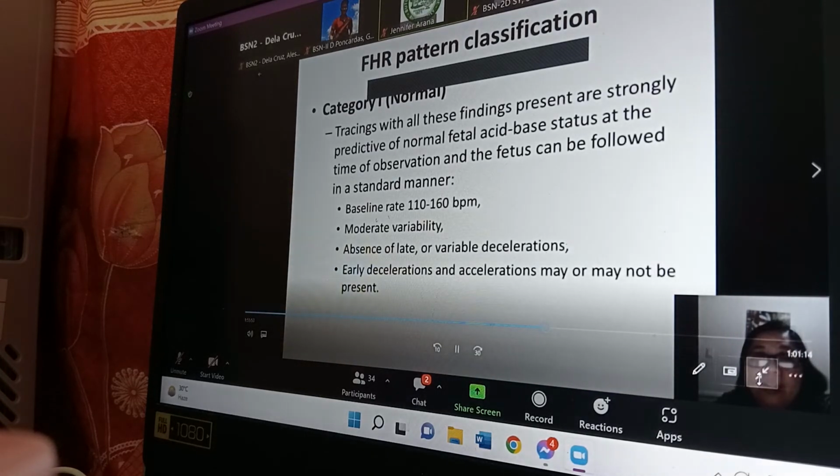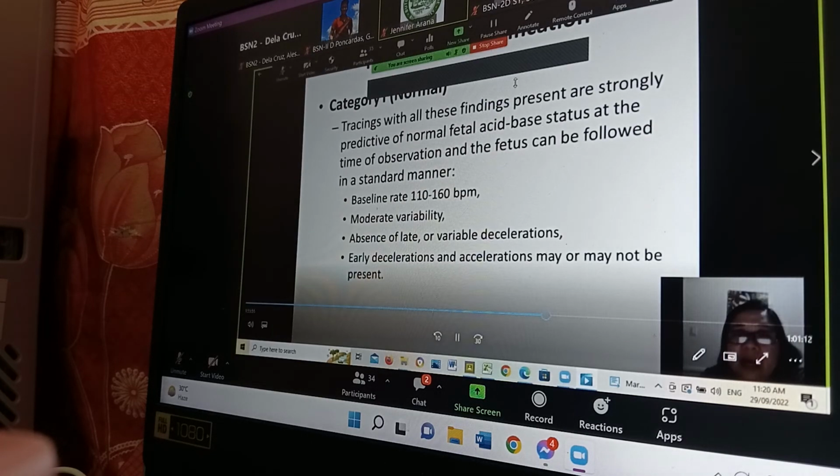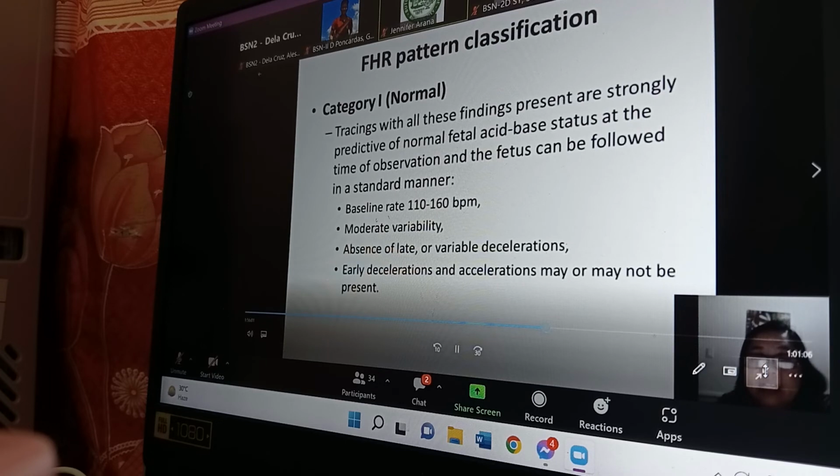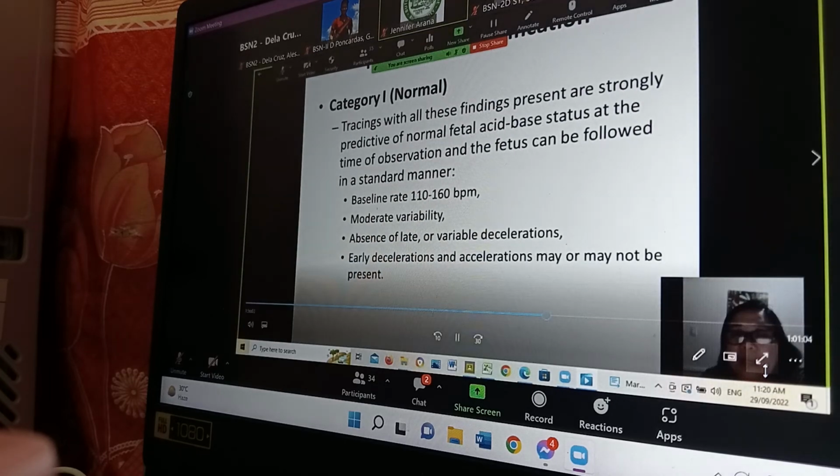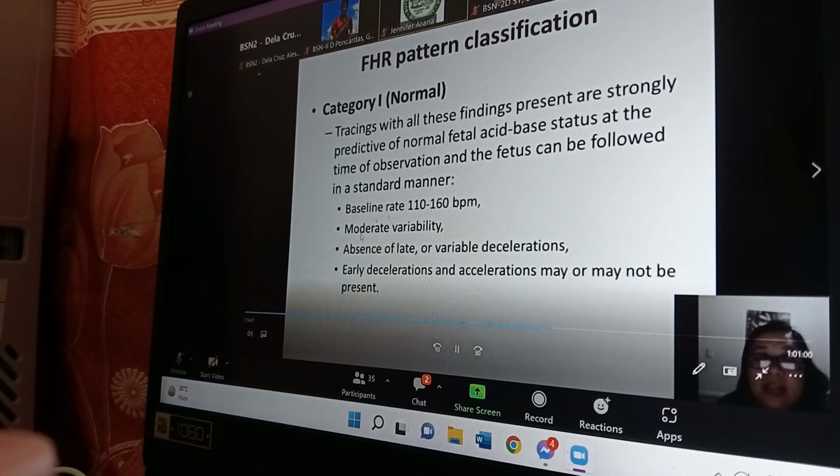Alright, then we have a moderate variability, absence of late or variable deceleration, early deceleration and acceleration may or may not be present. So, mao ni siya ang standard, no? Or what you call this?